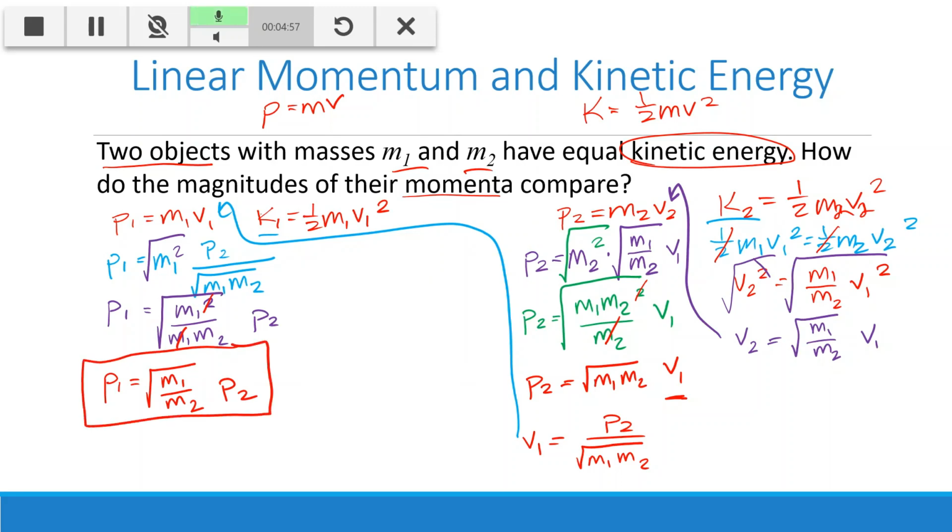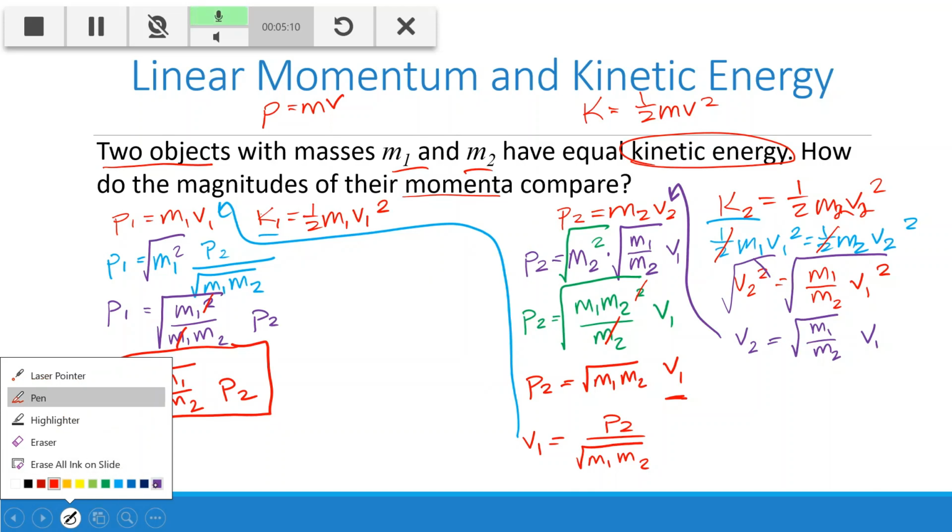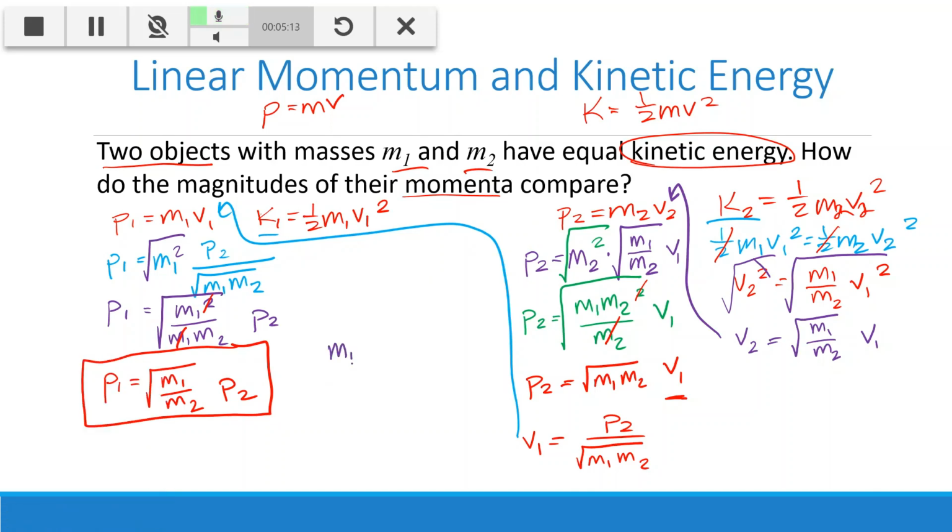So this equation basically says that how momentum 1 and momentum 2 are related is going to be based on the square root of the ratio of their masses. So I can see that, for example, if M1 is equal to twice M2, then if I plug that in, P1 is going to be the square root of 2 times M2 over M2 times P2.